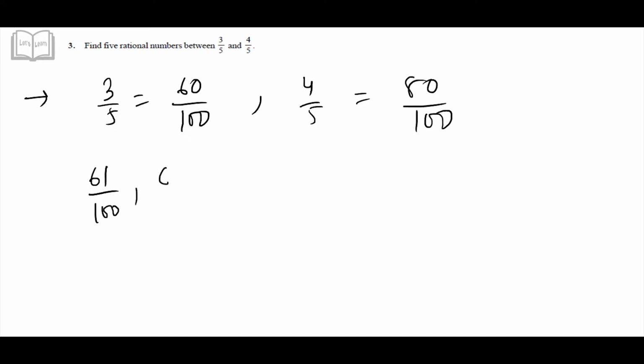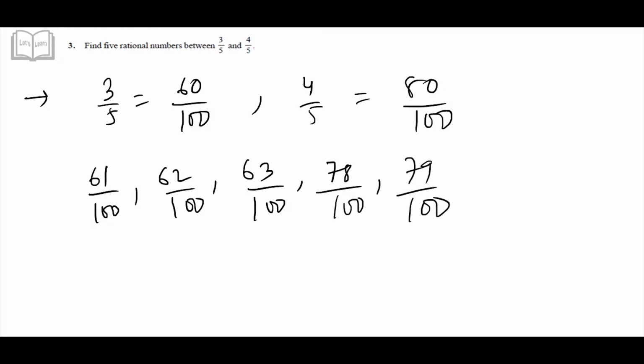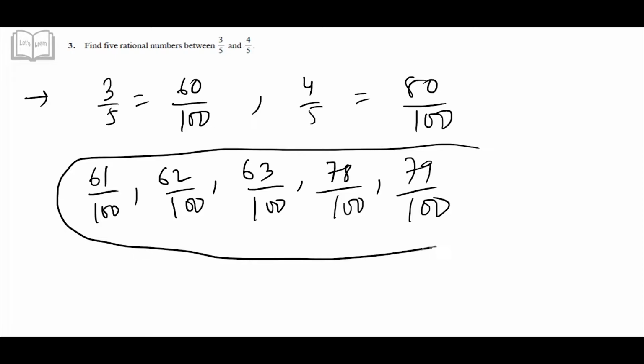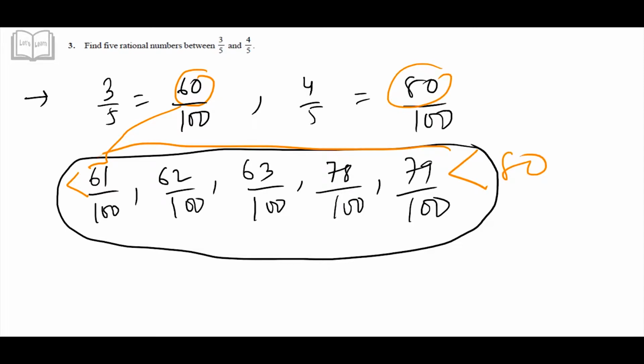So 61 by 100, 62 by 100, 63 by 100, maybe 78 by 100 and 79 by 100 all lie between 3 by 5 and 4 by 5, because 61 is greater than 60 and 80 is greater than 79. So all these numbers will lie between 3 by 5 and 4 by 5.